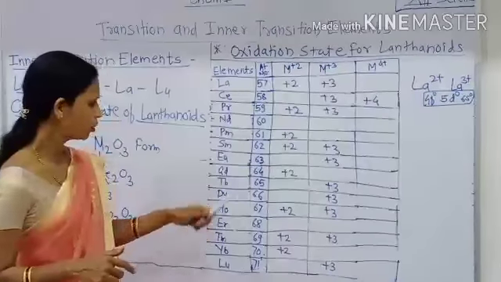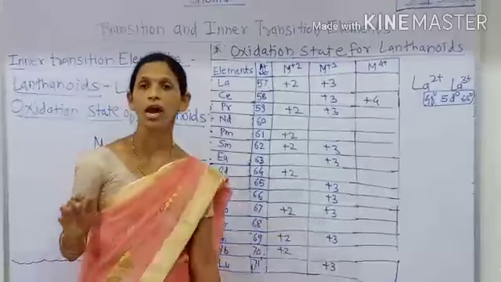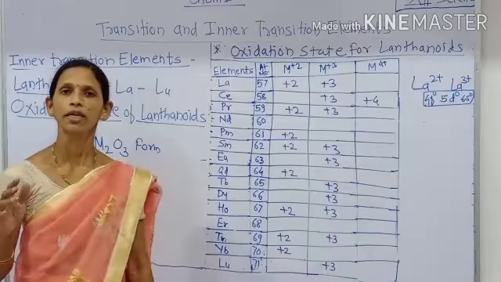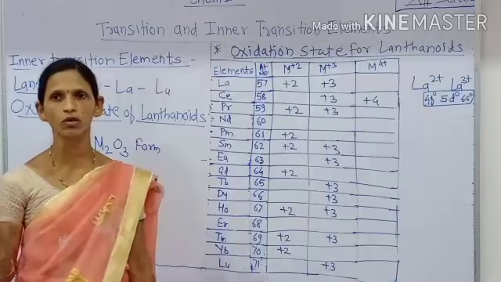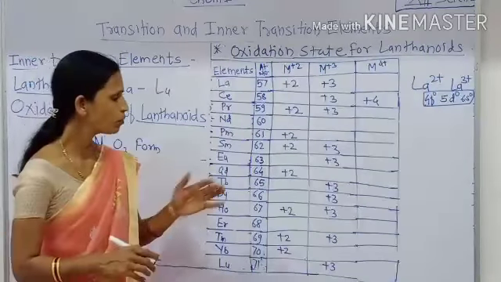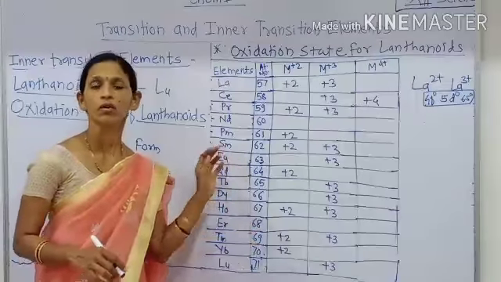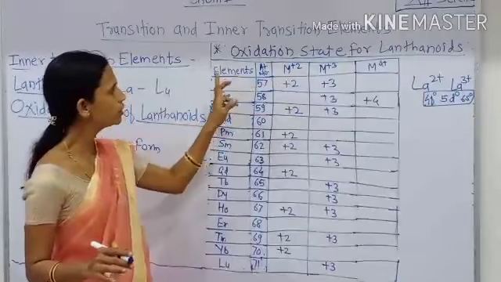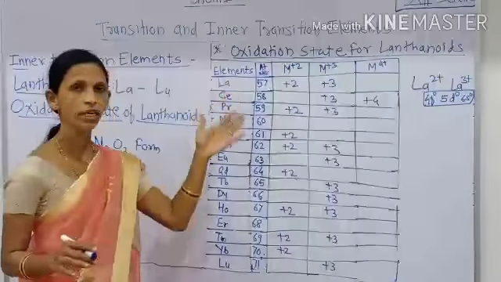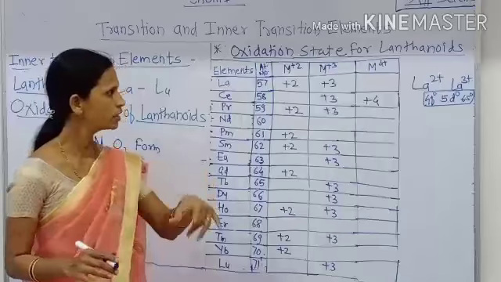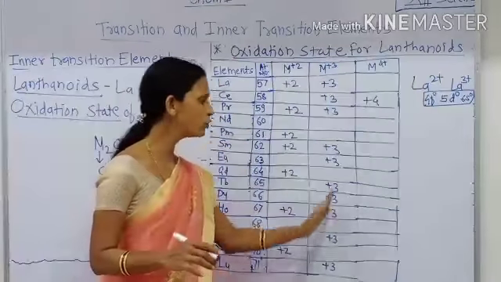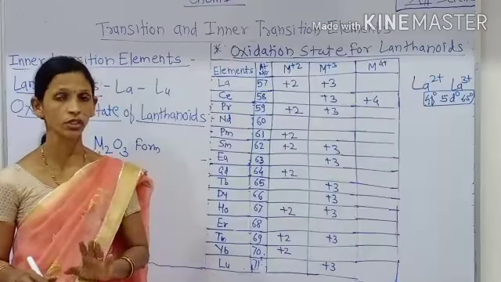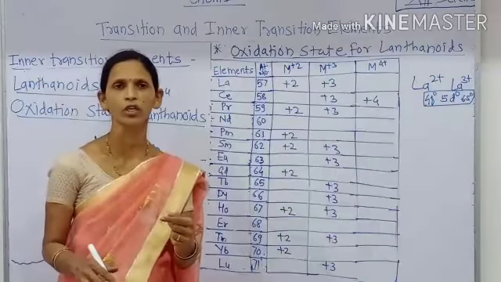A few more elements show higher oxidation states, but most of them show the common +2 and +3 oxidation states. For di-positive and tri-positive ions of these elements, we can write the electronic configuration using the observed electronic configuration.